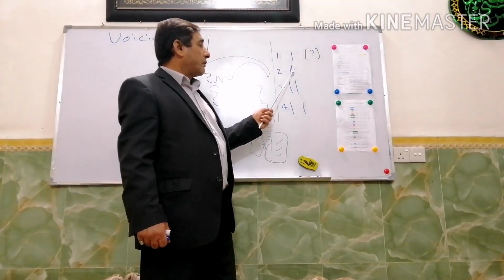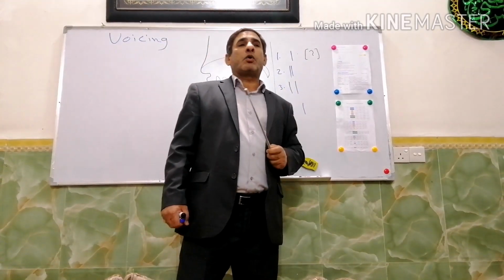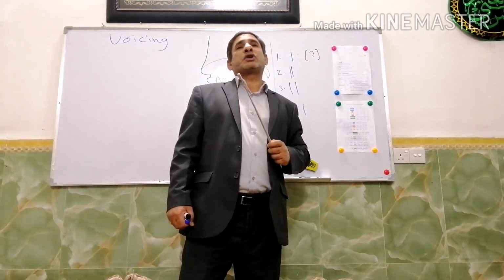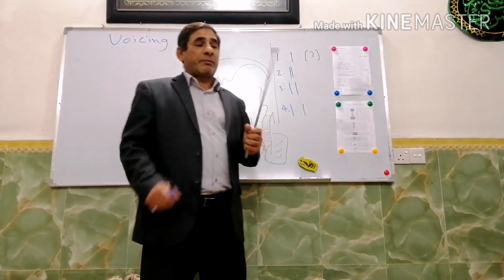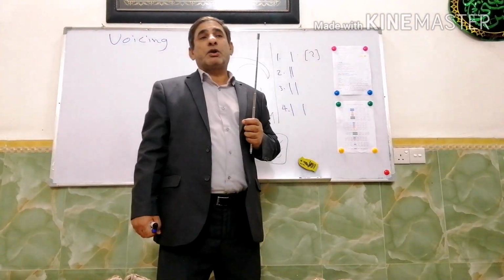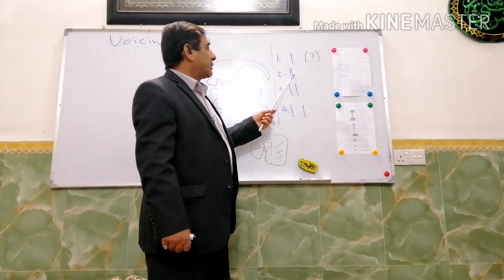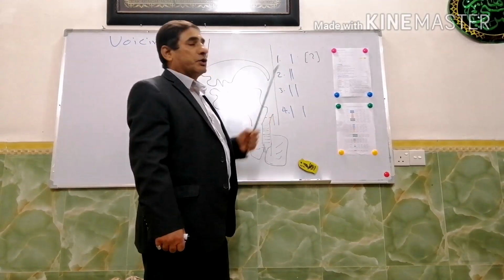So the vocal folds vibrate when they are very close to each other. When the breath passes through them, it passes with vibration. There's vibration in the vocal folds when they come very close to each other.